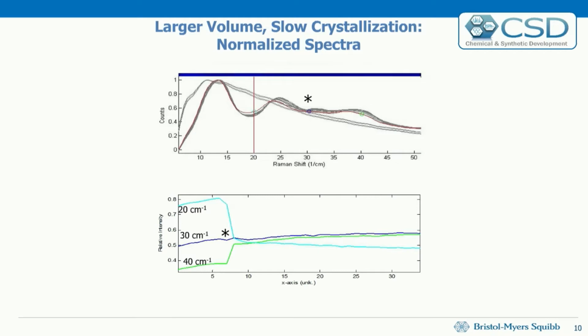But if I focus in at 20 or at 40, I can either monitor the crystalline formation, or the disappearance of the amorphous in the process. So it depends which one I want to monitor.